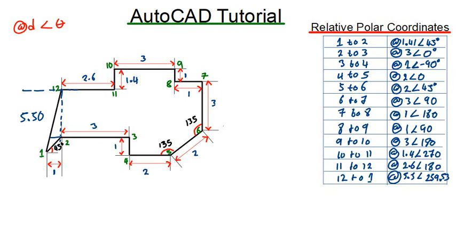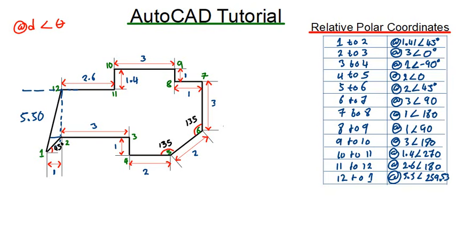The second one, 2 to 3, is 3 at an angle of 0. Then 3 to 4 we have 1 at an angle of minus 90, as we have said. Then 4 to 5, it's 1 at the angle of 0.